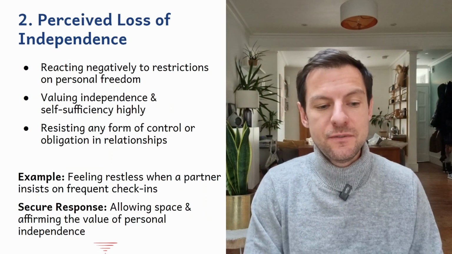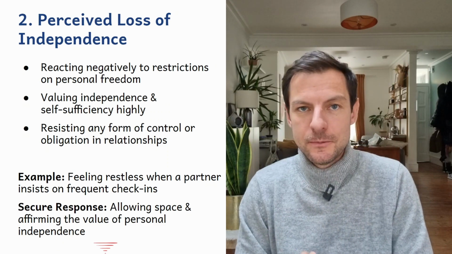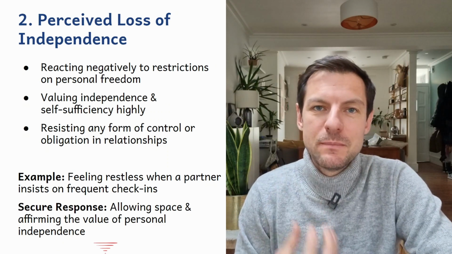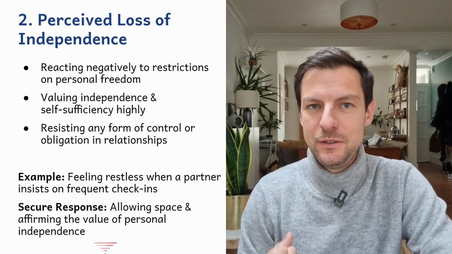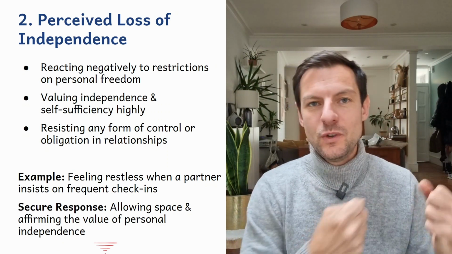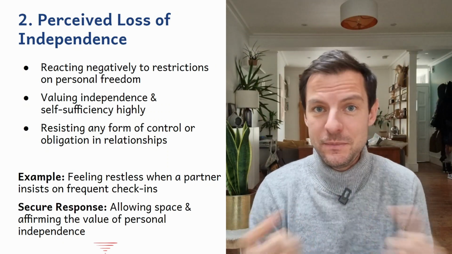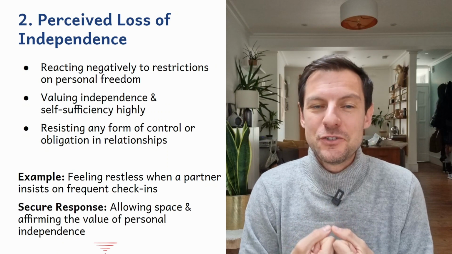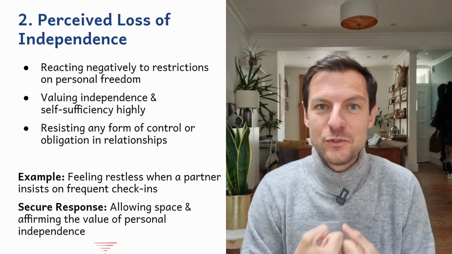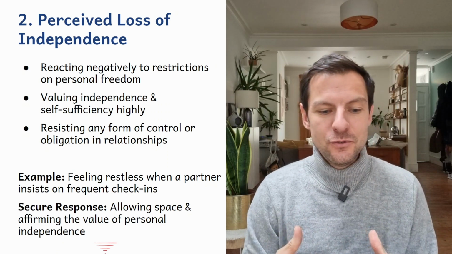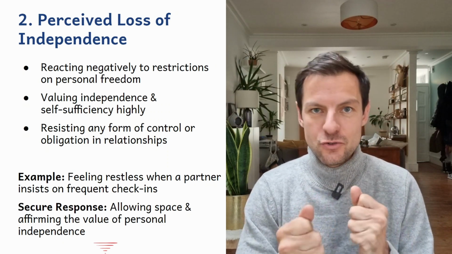Second one is the perceived loss of independence. One of the things that avoidant people value the most is independence, the ability to do whatever they want, whenever they want. So when you're in a relationship, it will create some tension. You will clash with someone who only values what they want, so it's very important to understand this control element.